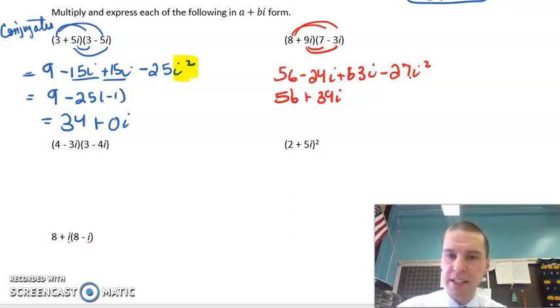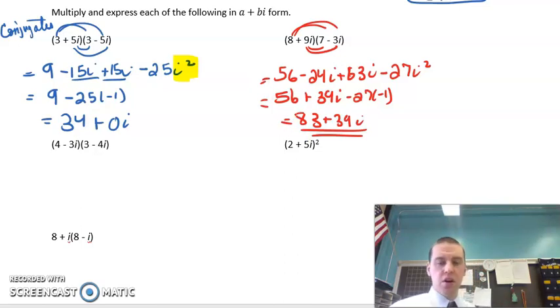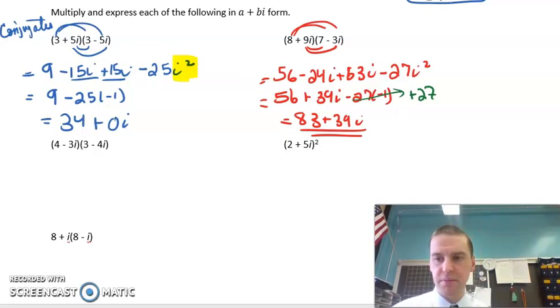Negative 27 and i squared gives us negative 27 times negative 1. Notice that the negative and negative create a positive, so I'm going to have 56 plus 27. That gives us a nice number of 83 plus 39i. So if you want to see where this came from, I made that a positive 27. Let's go right to the next one.